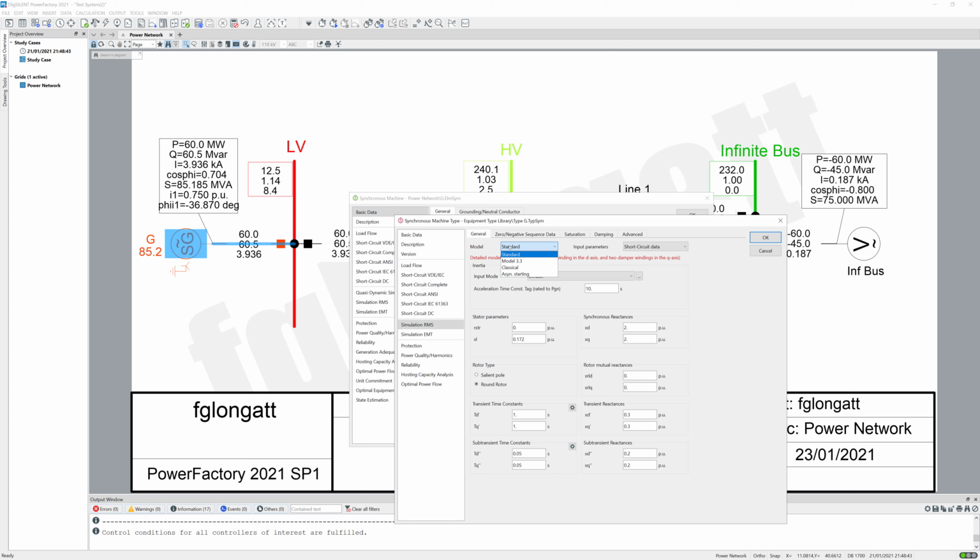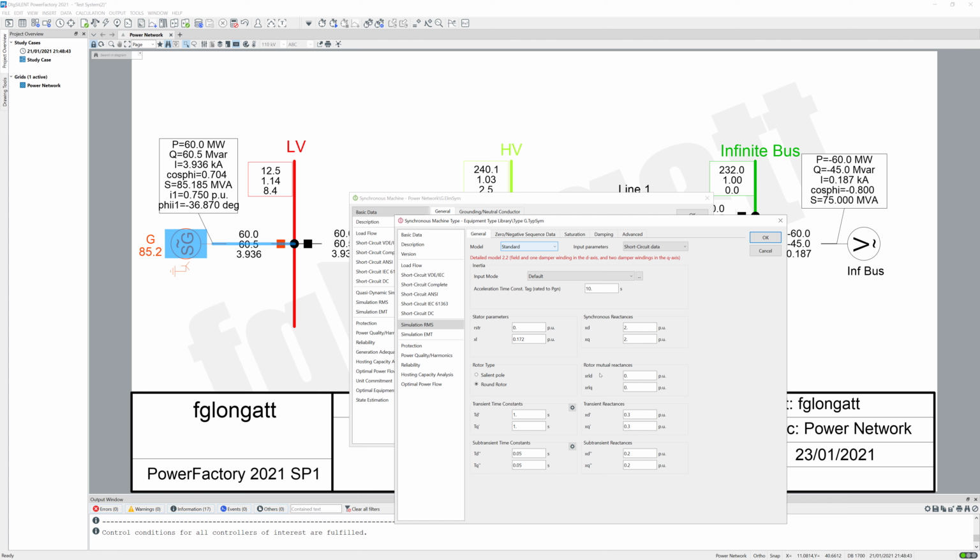If you prefer to use the standard model, you must be aware: this model is a full representation of all the regimes that you can simulate for the synchronous machine. That is the reason the model is asking for subtransient, transient, and rotor and stator reactance and resistance, okay? This is the most detailed model that you can have inside PowerFactory, okay?